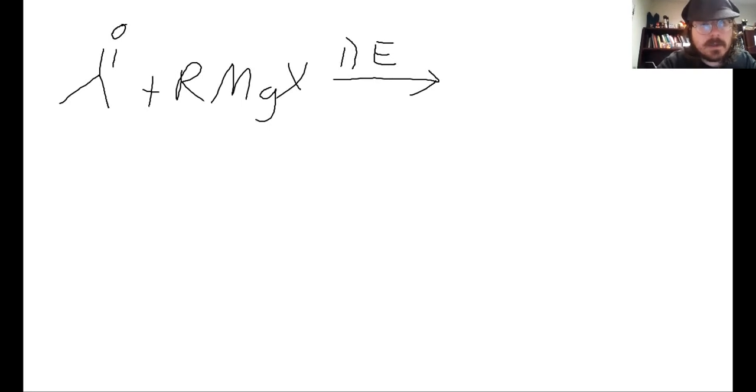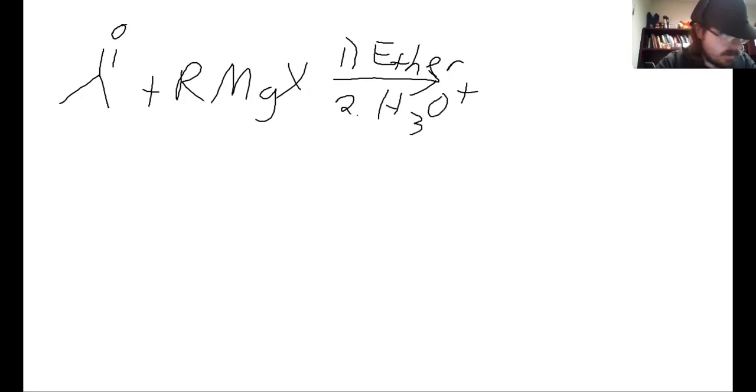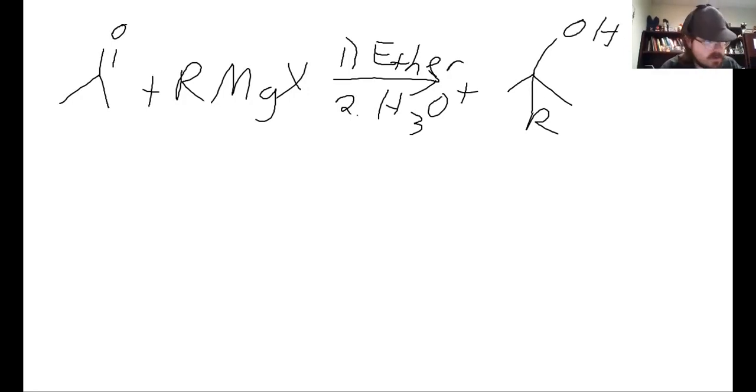If it's not acidic, then we don't have to worry about the Grignard being used up by our solvent. Step two, we're going to neutralize the Grignard and neutralize our acid. So we're going to add our R group, nucleophilic addition, and then protonate the hydroxide with the electrophile.